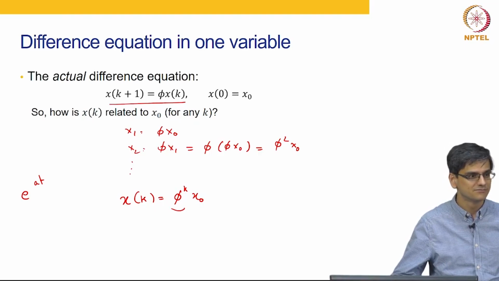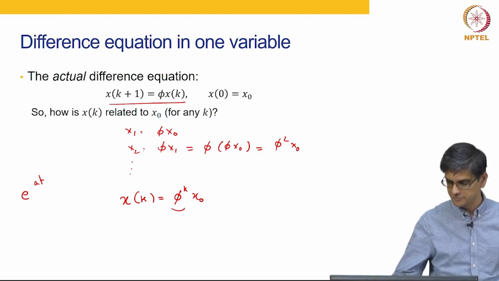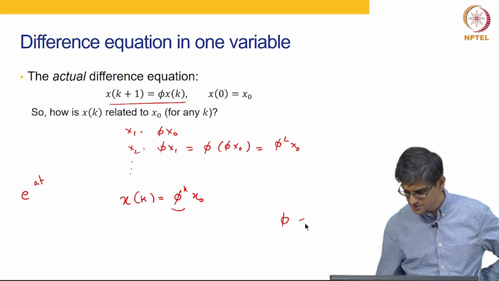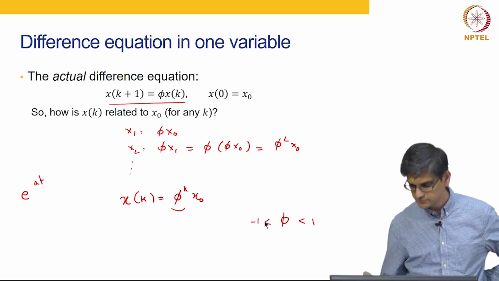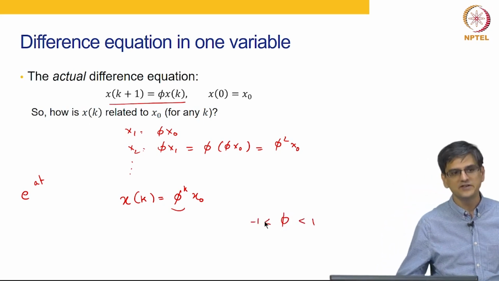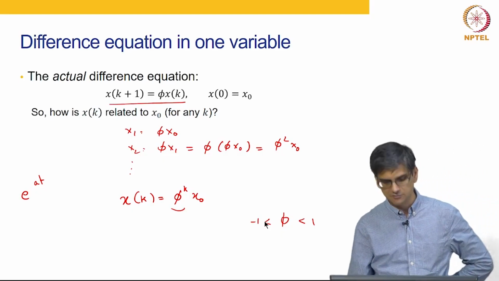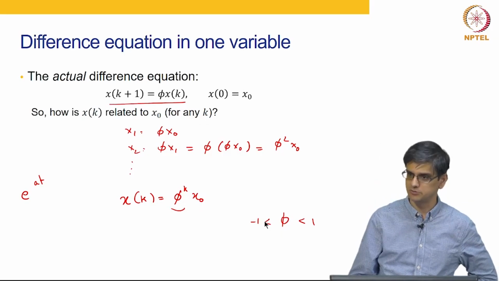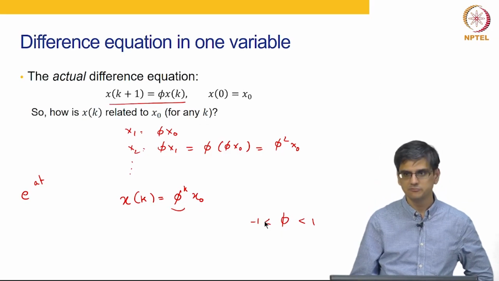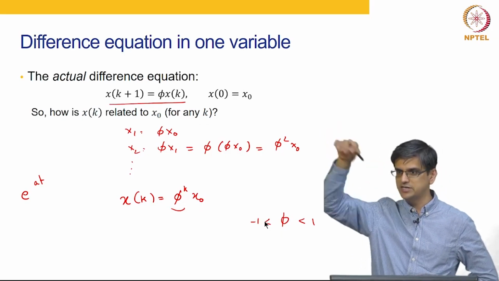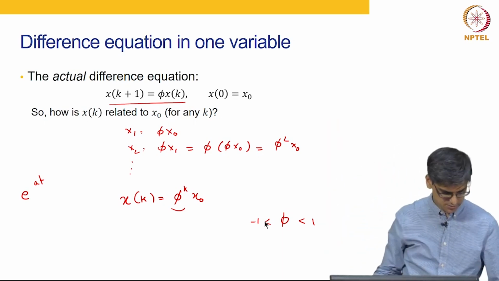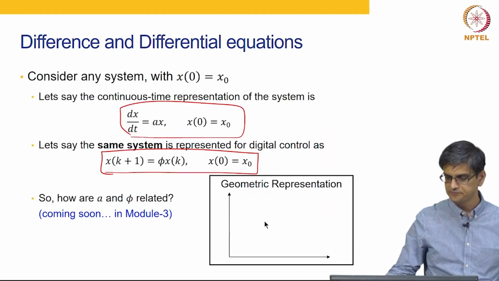Sorry, less than 1 in magnitude. That is when it is stable. When phi is exactly equal to 1, it is called marginally stable, which is the same as a equal to 0, right, which means it neither decreases nor increases, so it is marginally stable, right, same fundas, okay.